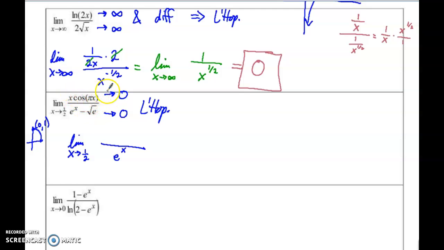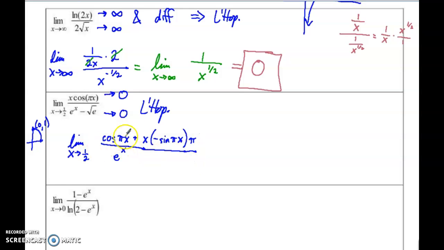In the numerator, you have the chain and the product rule, where the derivative of x is 1, times cosine of pi x. You leave that alone, plus now you leave the cosine alone, and the derivative of, I said that wrong, you leave x alone. The derivative of cosine is negative sine of pi x times the derivative of pi x, which would be times pi.